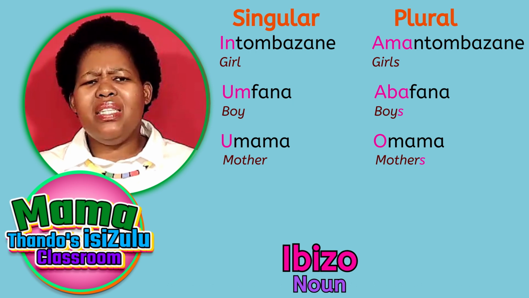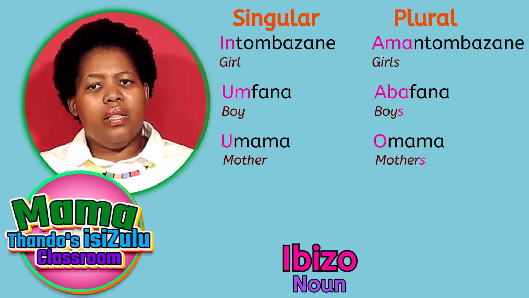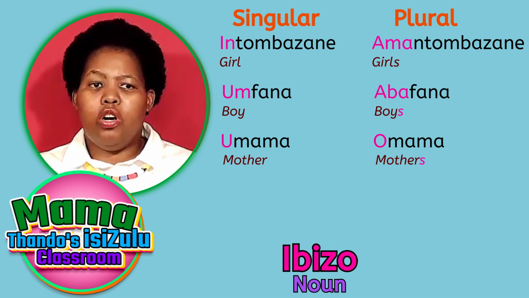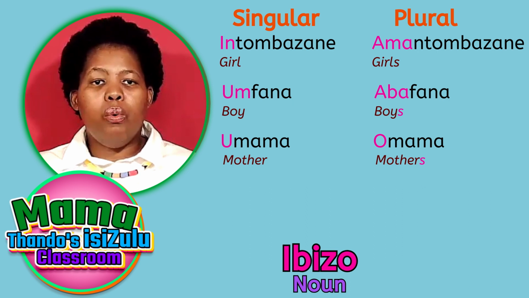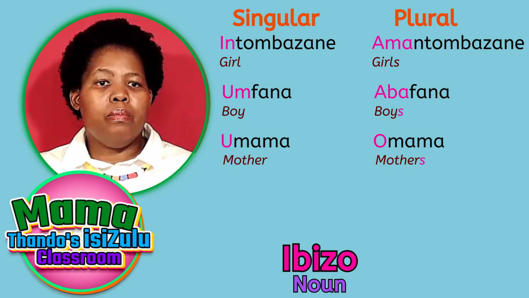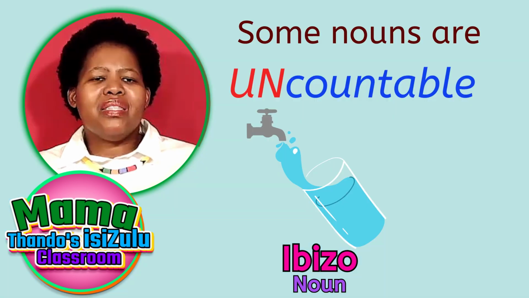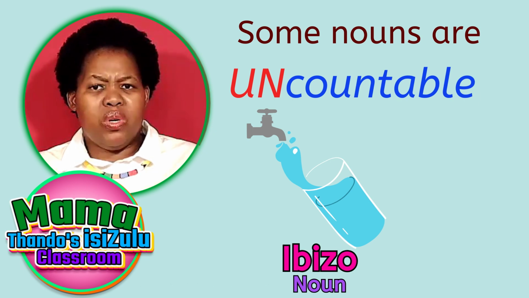Now you see that in isiZulu, to see if a word is singular or plural, we check the first 2 or 3 letters of that word. Just like umama, mother. Umama is one mother. But we change that first letter from U to O when it is more than one mother. Omama, mothers.